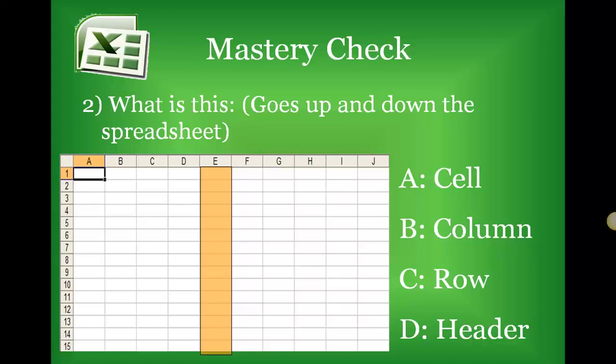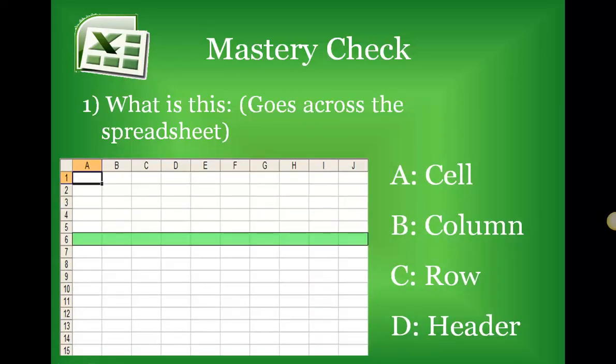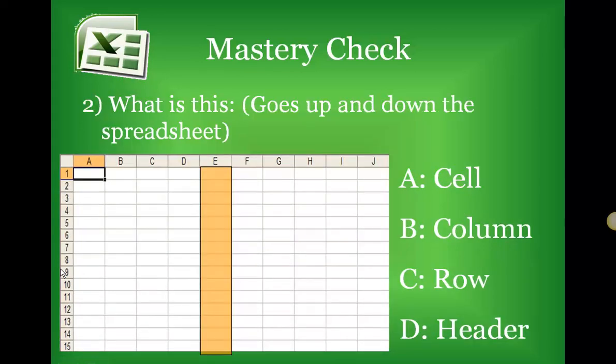Another thing to note about columns and rows is if you look, your columns have a header up here. This is your header. And your columns are always designated by letters. Rows, their header goes up and down and is always to the left of the row, and they're designated by numbers 1, 2, 3, 4, 5, and that kind of thing.